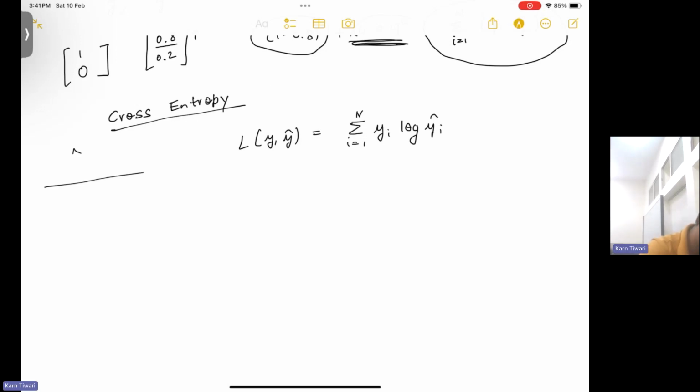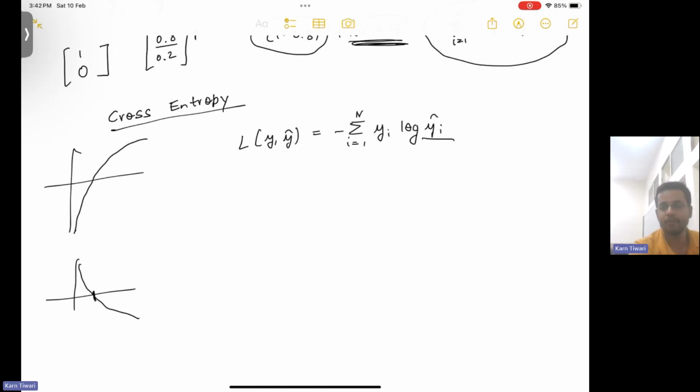The log function looks something like this, and with the minus, minus log looks something like this. Each yi cap is between 0 and 1, and minus log yi cap is always positive. Whenever yi is 1, it calculates the gradient with respect to the same prediction. I hope it's clear.